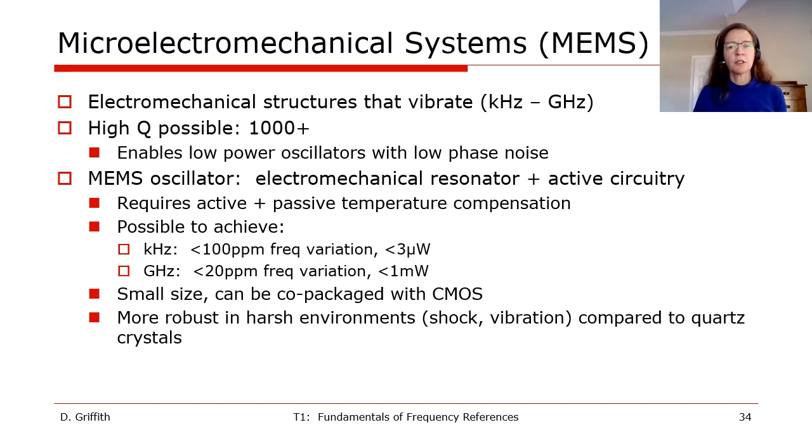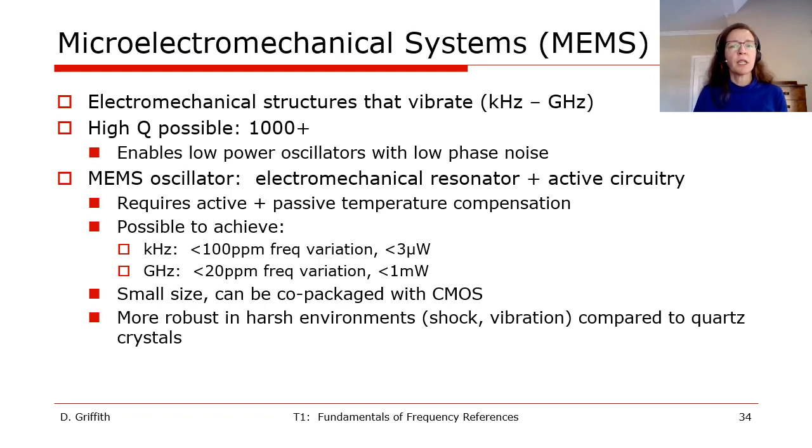A MEMS oscillator is made by combining the micro-electromechanical resonator together with active circuitry, as we saw with the ceramic resonators. However, the difference with MEMS oscillators is that they typically require both active and passive temperature compensation to have sufficiently stable frequencies. With this temperature compensation, it's possible to achieve kilohertz MEMS oscillators with less than 100 ppm frequency variation while consuming less than 3 microwatts.